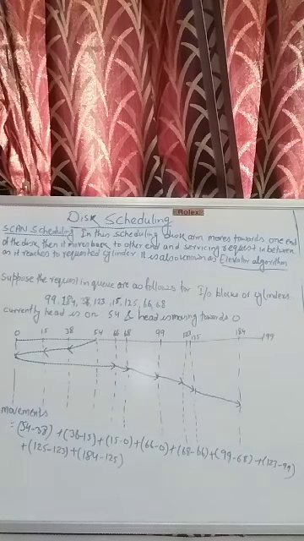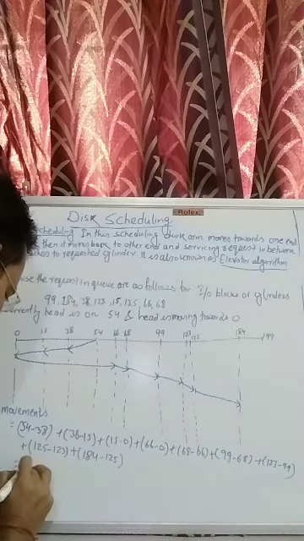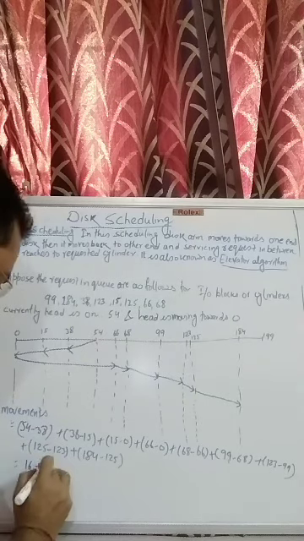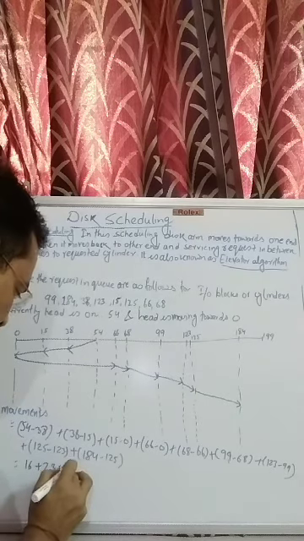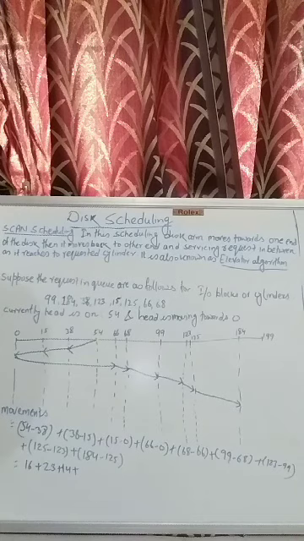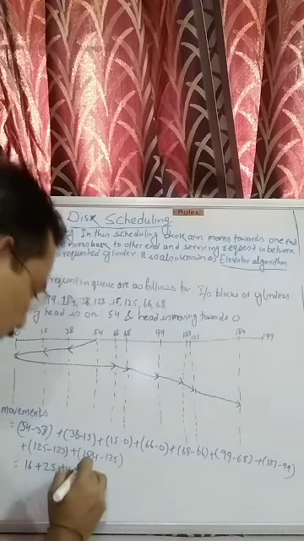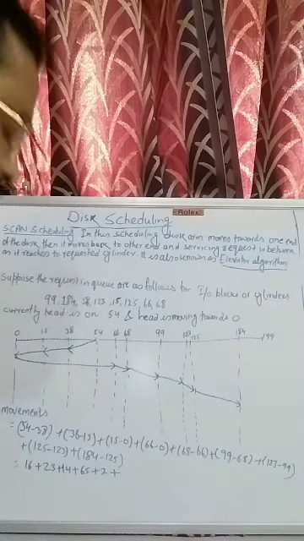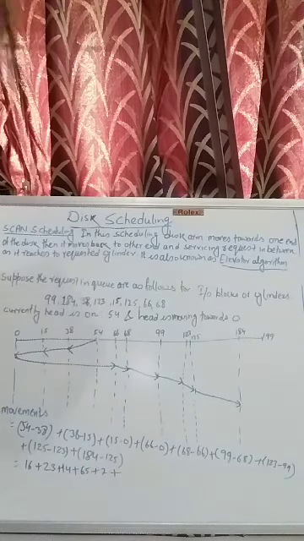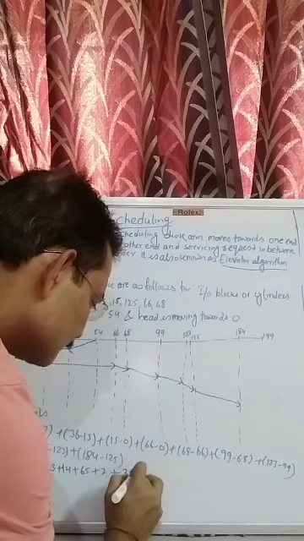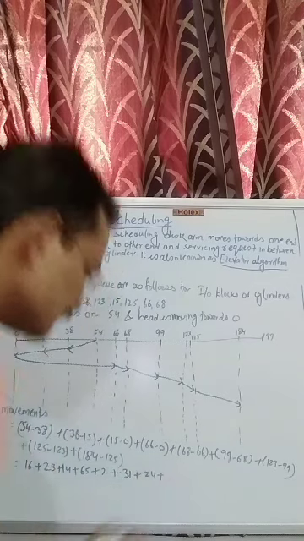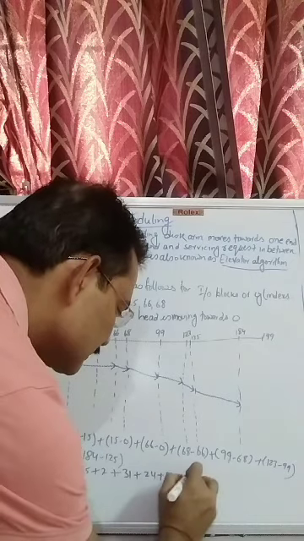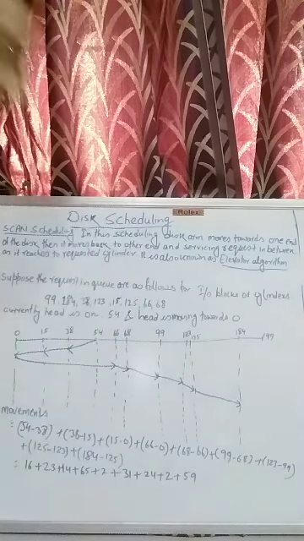So the total is 16 plus 23 plus 15 plus 66 plus 2 plus 31 plus 24 plus 2 plus 59.